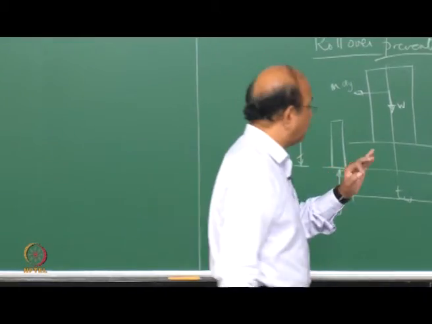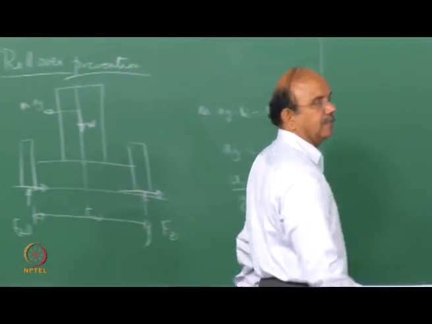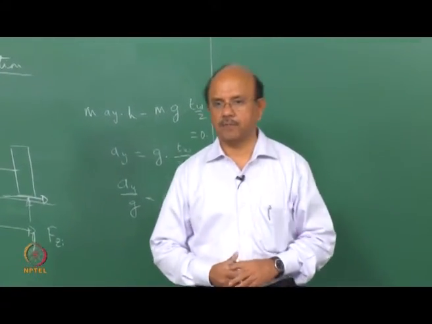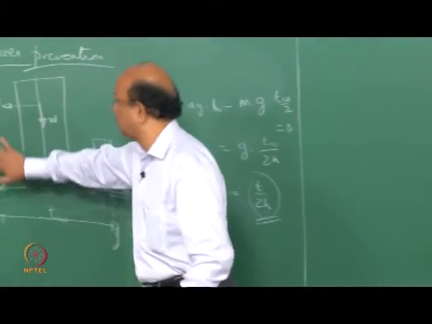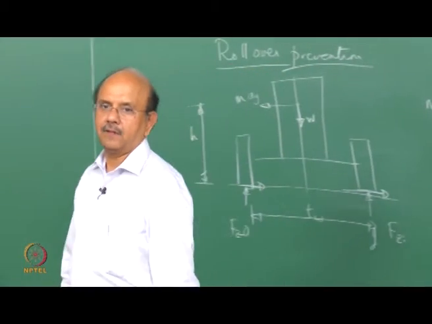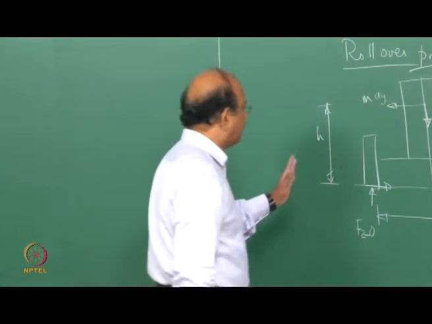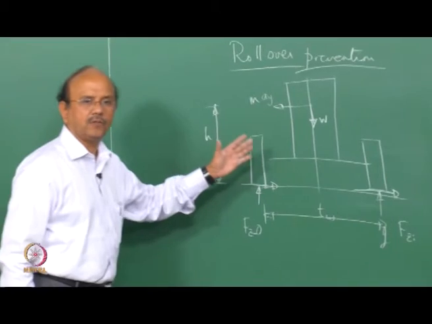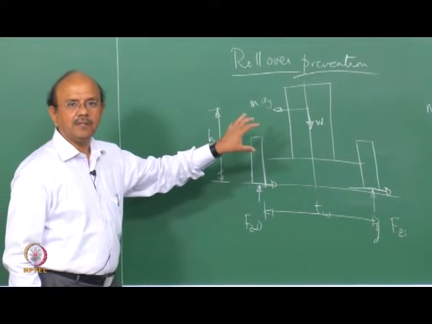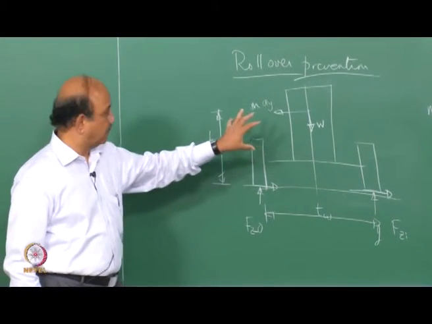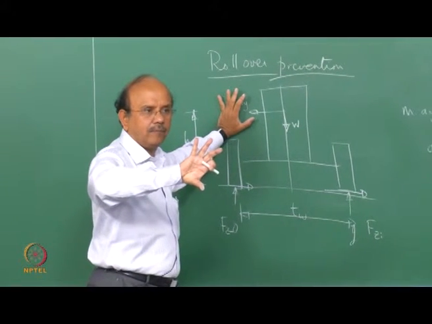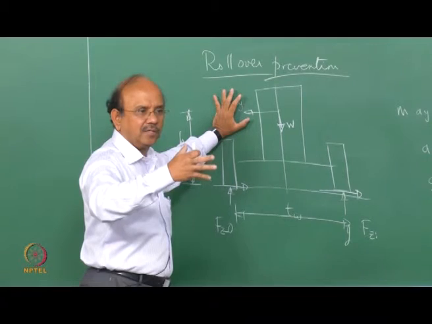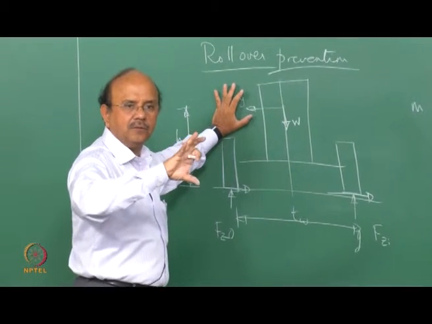There are two things that we left here. There are a number of factors which would now change T and H. What is the assumption that we have made? We have assumed that this whole thing is rigid. Not true. Actually, the vehicle body, what is called the sprung mass, is actually going to roll. There is a roll center, we have seen that, and the vehicle is going to roll.